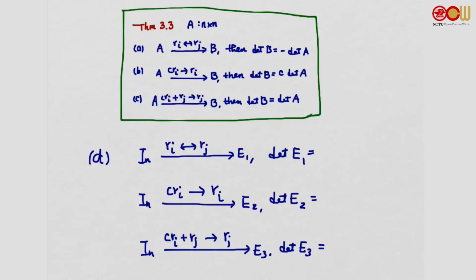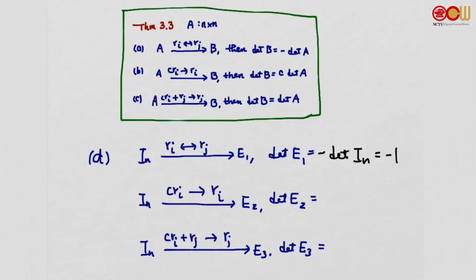A says if we interchange two rows, then determinant B is minus determinant A. We have the identity matrix here, we interchange two rows, and the resulting matrix is E1. So determinant E1 would be determinant I_N with a minus. And the determinant of I_N is equal to 1, because it's an upper triangular matrix, so we can easily compute this determinant to be 1. So this is equal to minus 1.